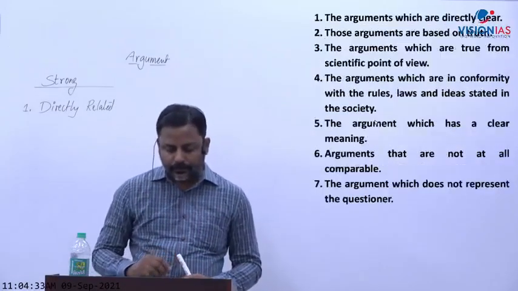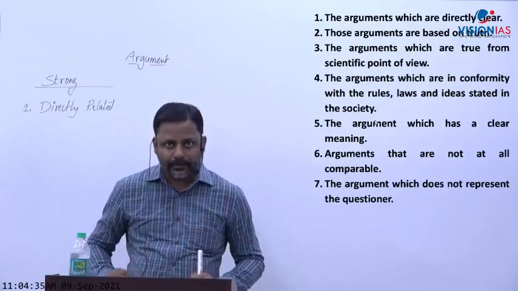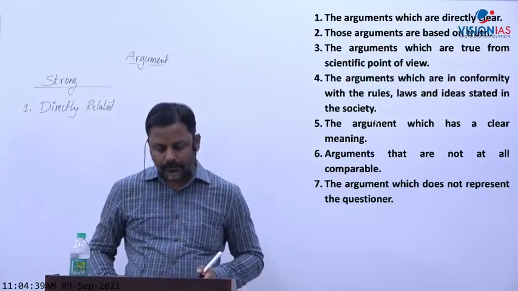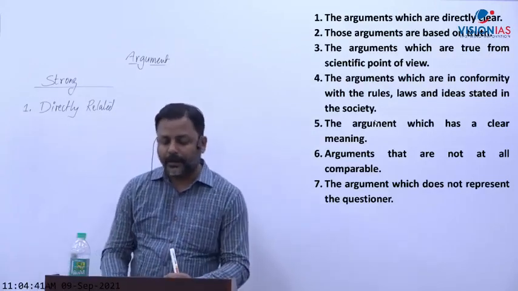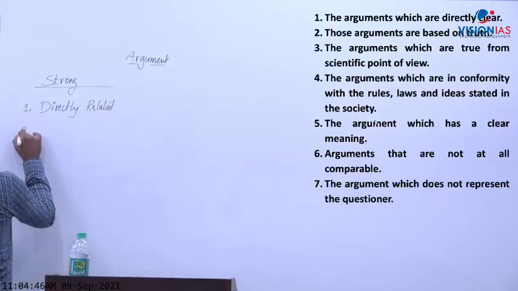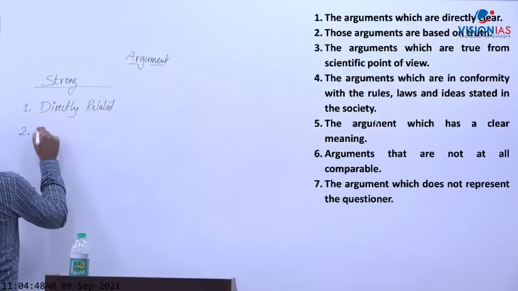So let's move to key points which we need to consider while going through the questions. The first key point is an argument should be directly clear. Whatever is mentioned in the argument, it should be clear.